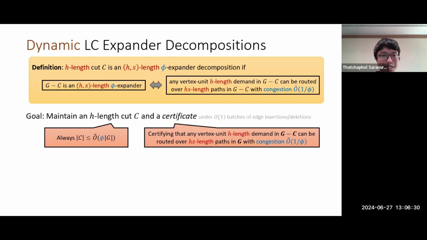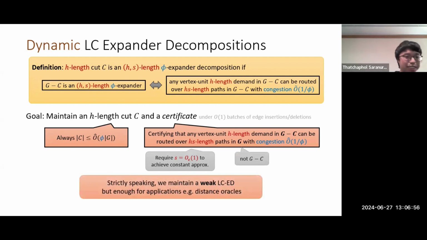But the certificate will certify that any vertex unit H length demand in G minus C can be routed over HS length paths in the original graph G with congestion 1/φ. Here the length slack should be a real constant so that we can achieve constant approximation finally.